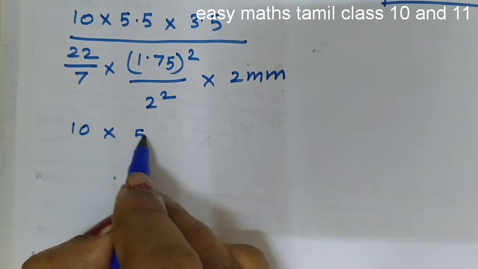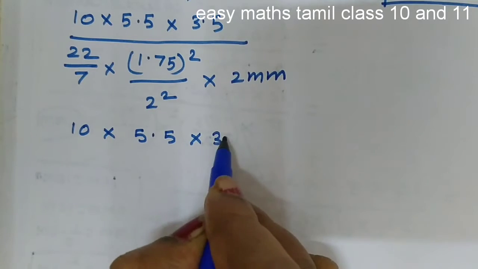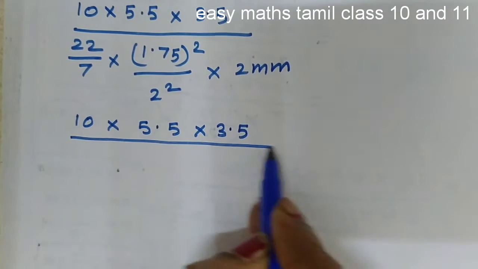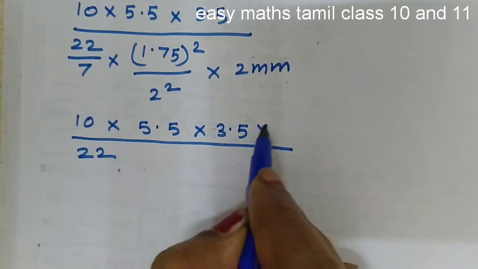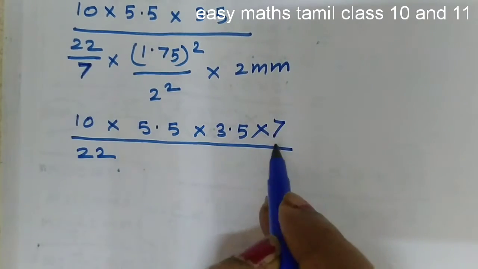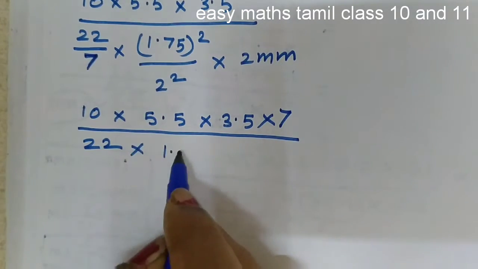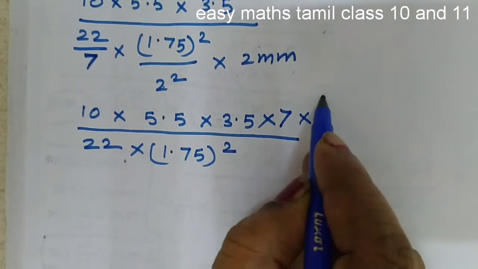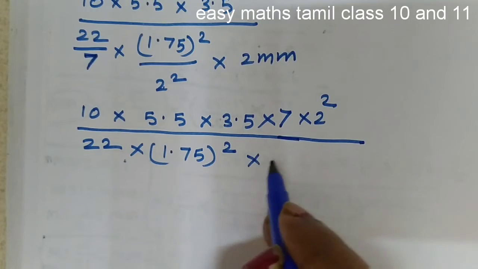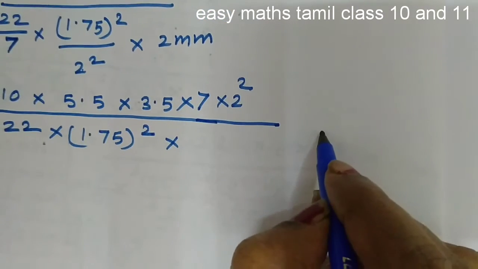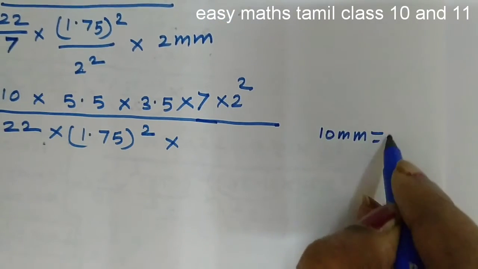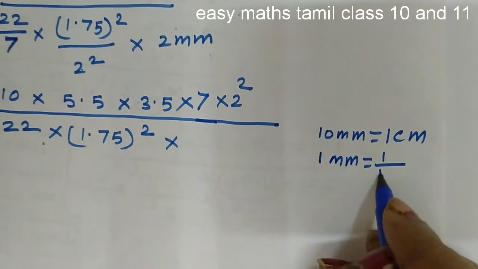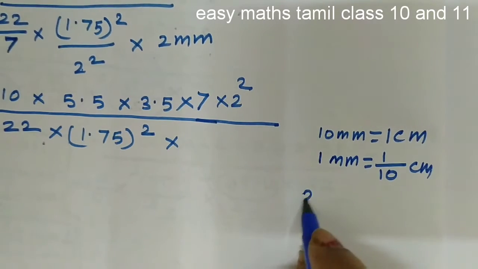Ten into 5.5 into 3.5 divided by 22 into 7 will go to the numerator into 1.75 square. 2 square will go to the numerator into the value of 2 millimeters. 10 millimeters equal to 1 centimeter, 1 millimeter equal to 1 by 10 centimeters.